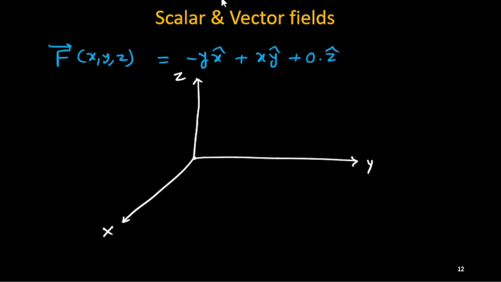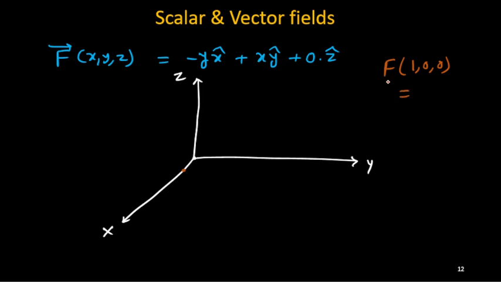At x equals 1, means 1 comma 0, what is the value? At this point, x equals 1 and y equals 0, so I want to get f of 1 comma 0 comma 0.